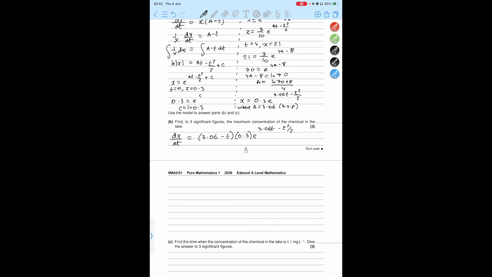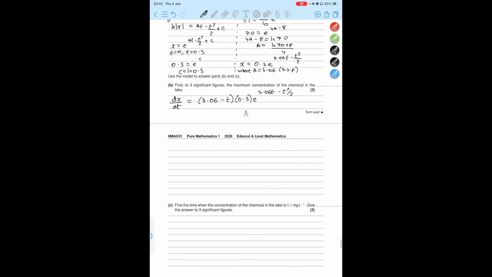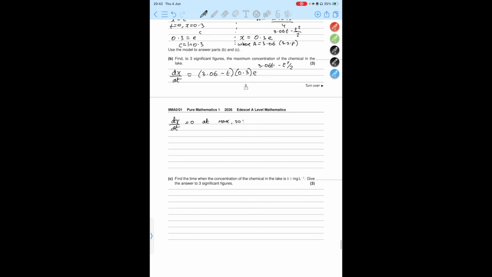And then we multiply that by 0.3 e to the 3.06 t minus t squared over 2. Now we want to set this equal to 0. What we know is 3.06 minus t times 0.3 e to the 3.06 t minus t squared over 2 is equal to 0. What's important to note is that the exponential function cannot be equal to 0, because e never hits the x-axis.